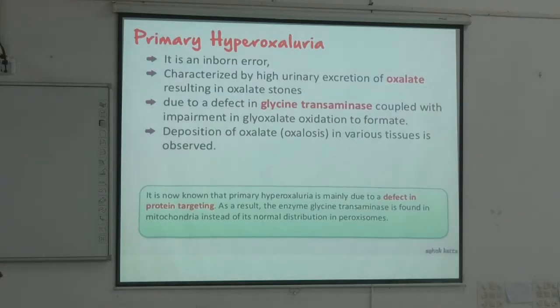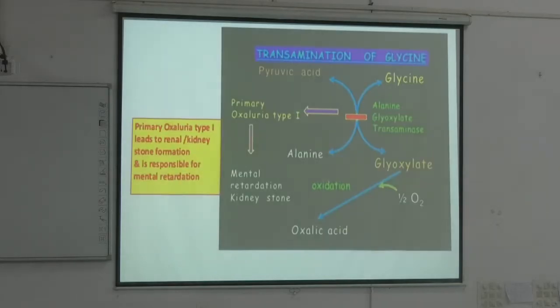Next, primary hyperoxaluria. What happened here? The most important enzyme is glycine transaminase. What is the role of glycine transaminase? Transamination.